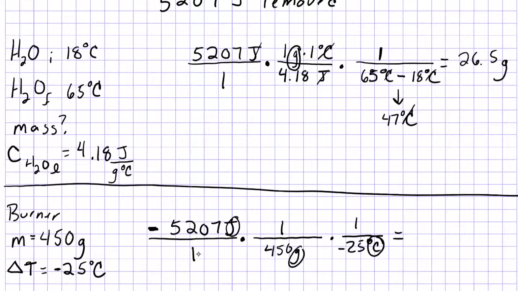And when I do that, I get that my specific heat is 0.46 joules per gram degrees Celsius. Okay? So that's how you calculate using your heat energy, mass, change in temperature, and your specific heat.